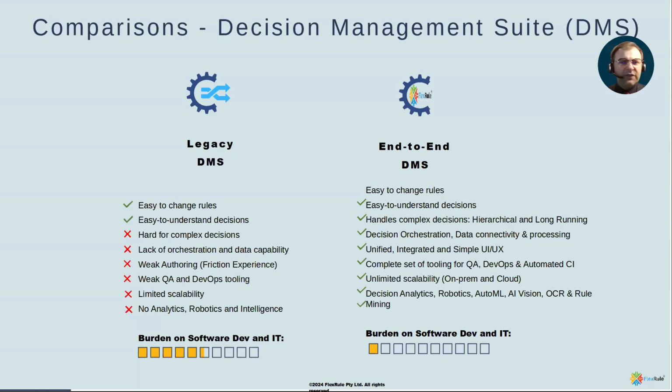So just to give you an idea of the process overview here, we do the separation. Business rules are separated from the applications, processes, and systems. We do the modeling. So the domain experts can model the rules visually within the platform. Then you can do the testing. Rules are tested in live scenarios within the platform.